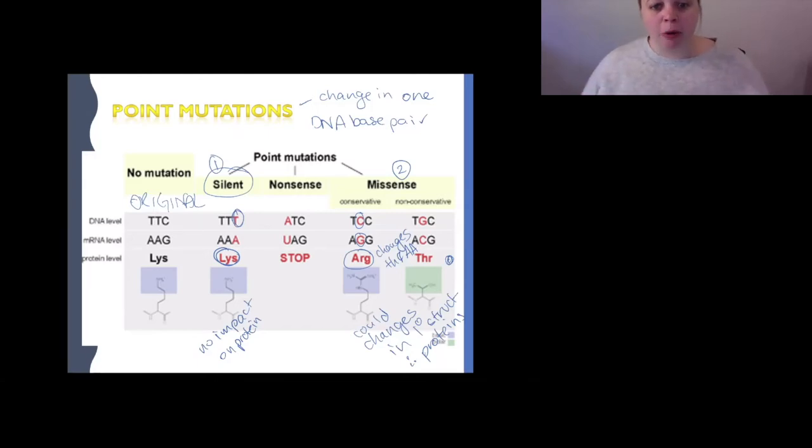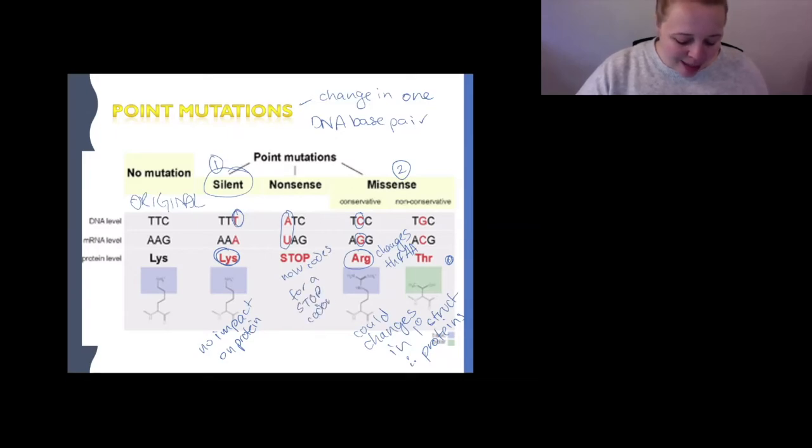The final type of point mutation I'm going to go through here is a nonsense mutation. So this one here is where you change one base. Again, we're just changing one base, but instead of it coding for a different amino acid, it now codes for a stop codon.